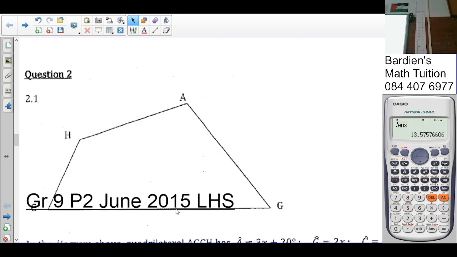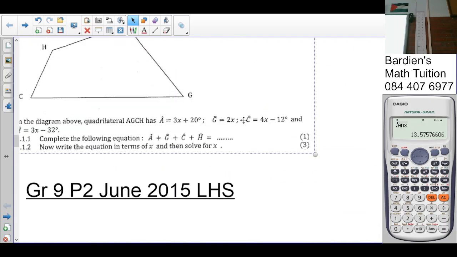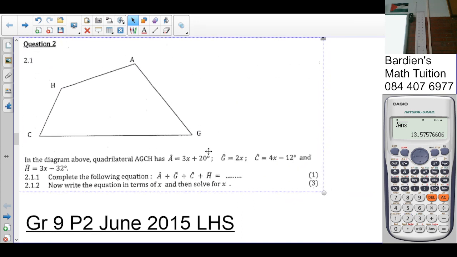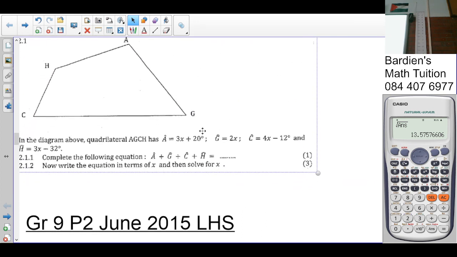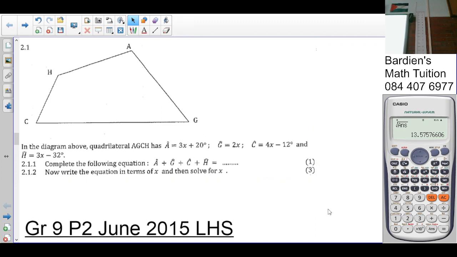Right. We're looking at question 2. In question 2.1, we are told that in the diagram above, quadrilateral. So what's a quadrilateral? A 4-sided figure.